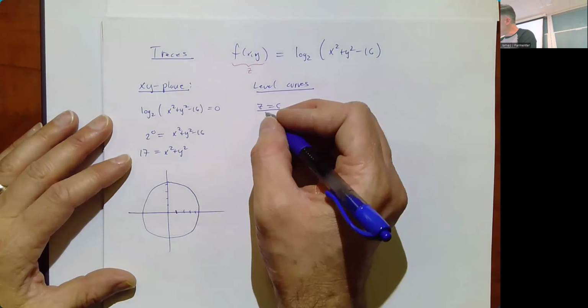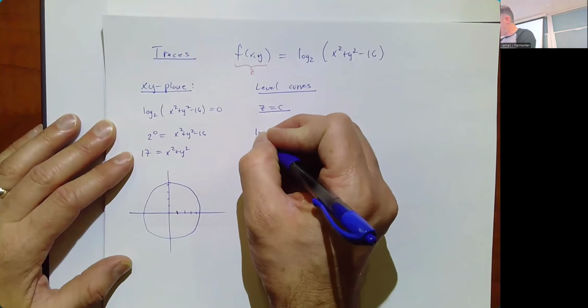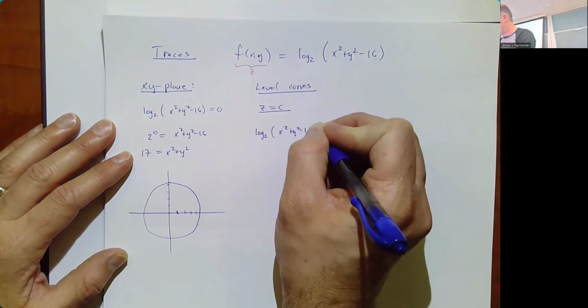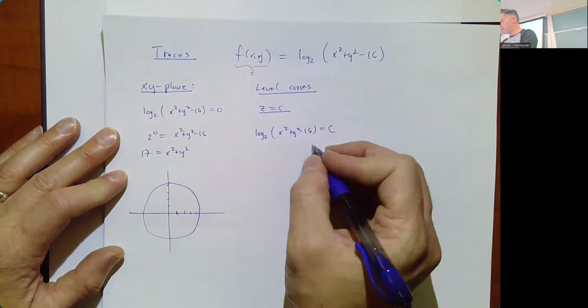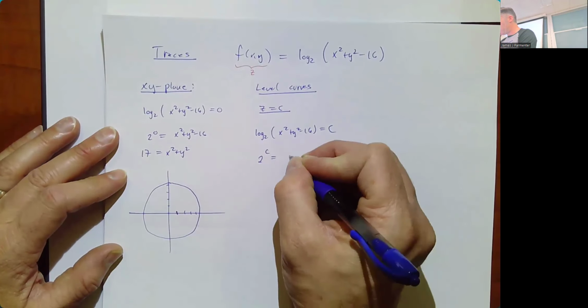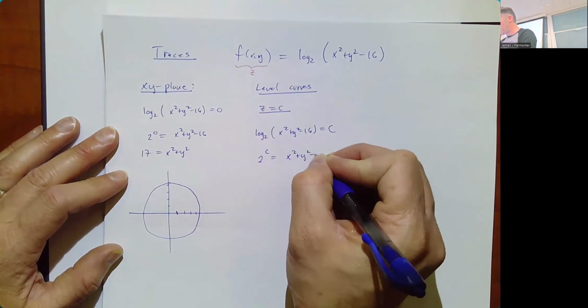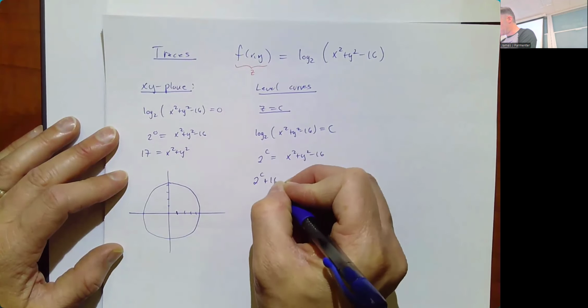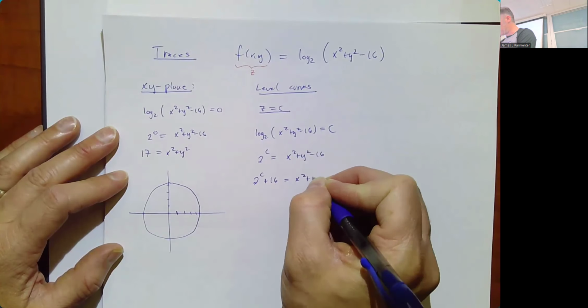No pun intended. So if I do that, I'm going to get log base 2 of x squared plus y squared minus 16 equal to C. I'm going to rewrite this as 2 to the C equals x squared plus y squared minus 16. And I end up getting 2 to the C plus 16 equals x squared plus y squared.